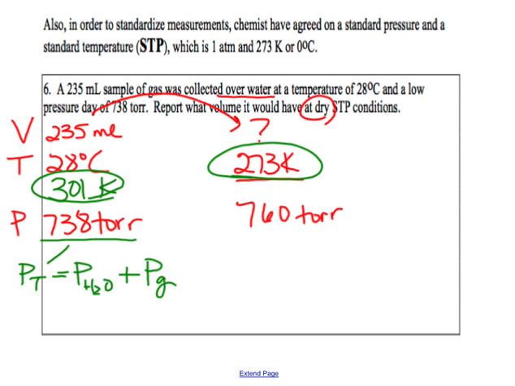Nope. We'll just call it G for gas. We need the dry gas in order to do the math. So look on your table and find the vapor pressure for water at 28 degrees and tell me what it is.